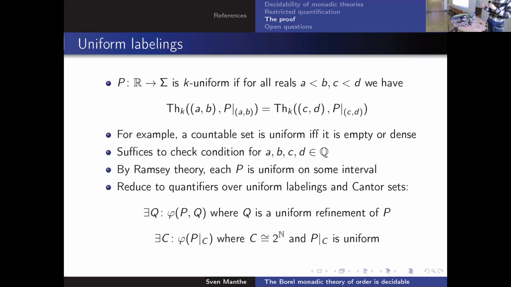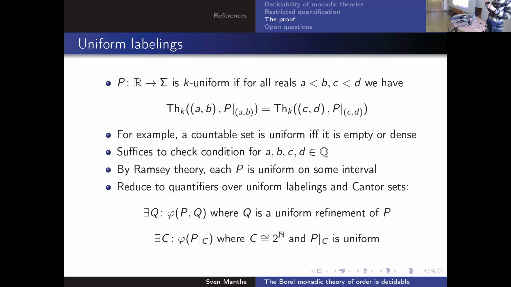This seems to be a rather strong property. For example, if one applies it to a partition into a countable set and its complement, then this will be uniform for any reasonable value of k if and only if the countable set is either empty or dense. So in this case, it will actually be determined up to isomorphism. But nonetheless, we can obtain those uniform colorings in general.